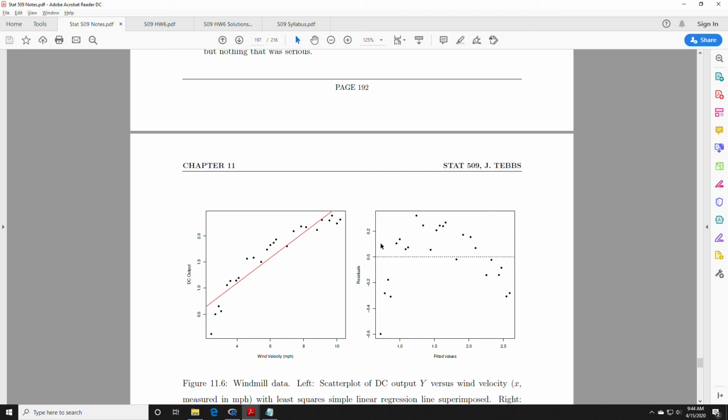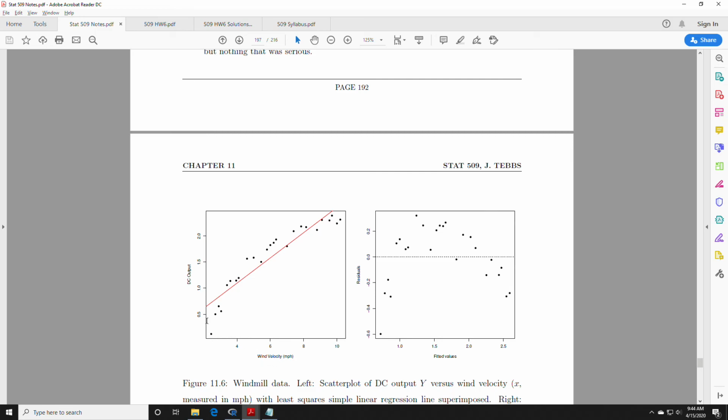Here is another example. We fit our simple linear regression model. Hopefully you can notice, even just from here, that it doesn't look like a simple linear regression model is appropriate for this data.